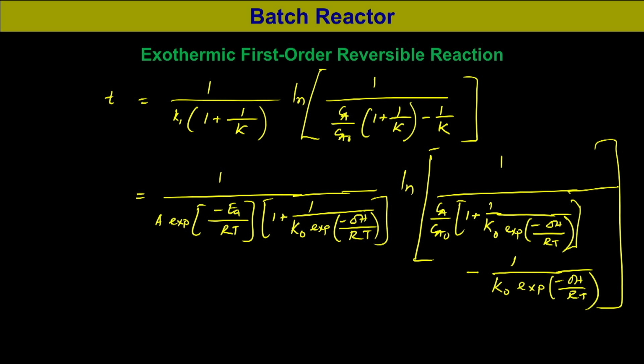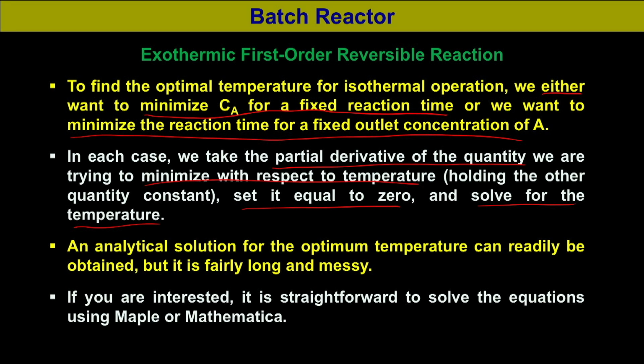So, this we would obtain if we want to get a time required for a particular conversion. Now, to find the optimum isothermal operation, we either want to minimize Ca for a fixed reaction time, or we want to minimize the reaction time for a fixed outlet concentration.